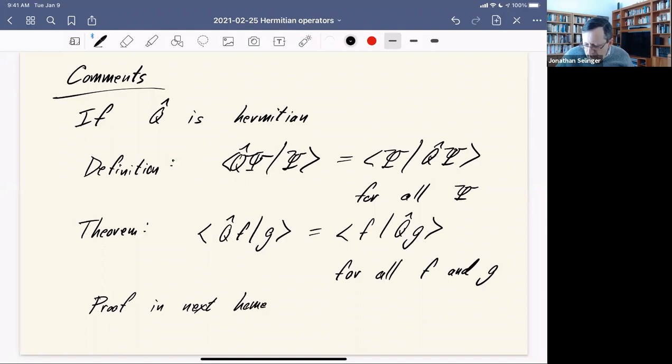Not the one that you're working on now, but the one that comes after that. The assignment from the textbook has hints about how to prove this. Okay, so I'll be using that. So this stronger statement is that if Q is Hermitian, then you can move it from one side of the inner product to the other, even if there are different functions f and g on the two sides.